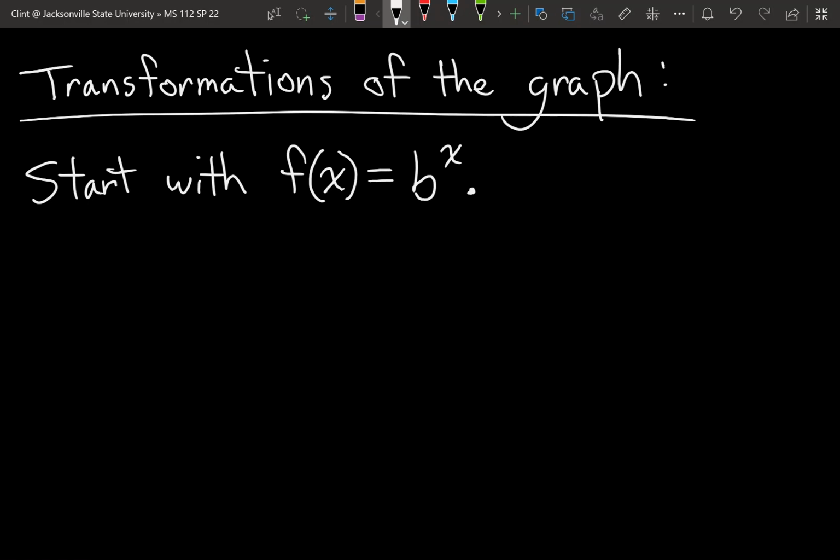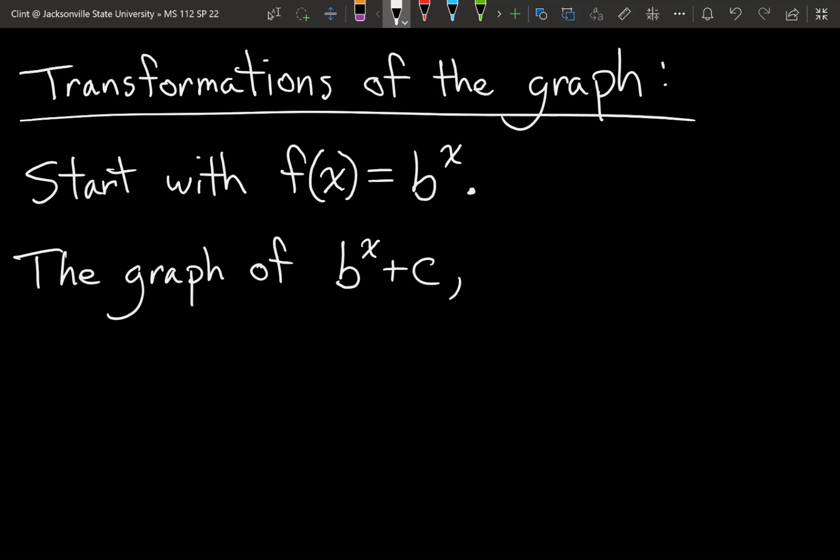So if we add some number out to the side like that, it looks pretty much the way it did with our other functions.